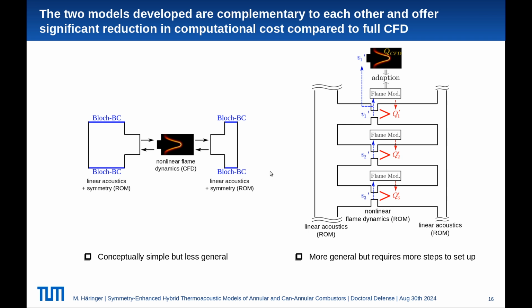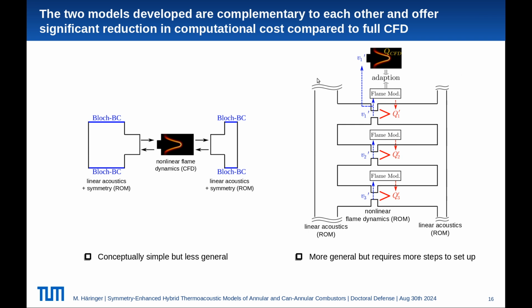All right, so now we have two symmetry-enhanced hybrid models, which are kind of complementary to each other. First, we have this so-called Bloch model, which is conceptually simple, but it is less general because it relies on an isolated single azimuthal mode order, and it also relies heavily on the symmetry of the system.